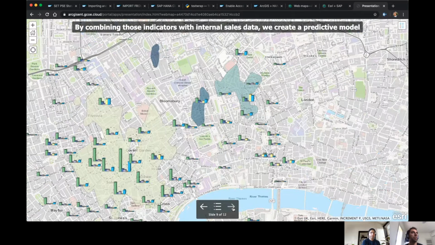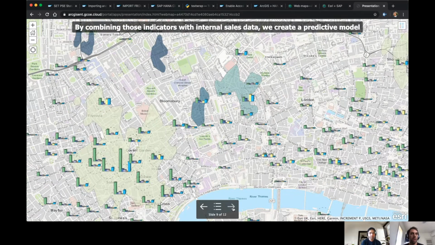So what happens ultimately is we get, and this is not displayed in this map, a model that is telling us for each indicator what its influence is. Is it a positive influence? Is it a negative influence? And a weight.